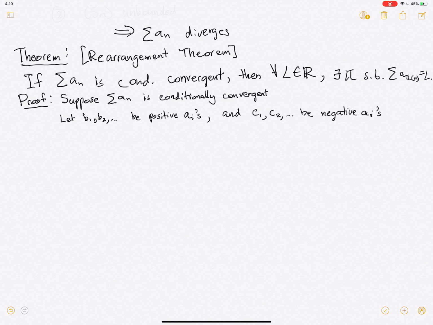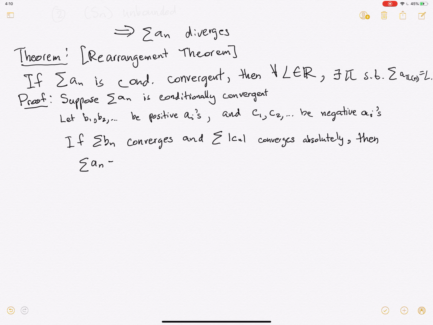So if the sum of B_n converges and the sum of C_n converges absolutely, then a_n equals B_n minus C_n is conditionally, no, actually, it would converge absolutely.